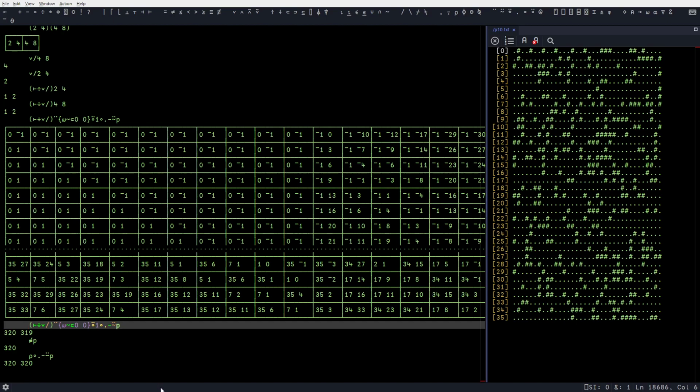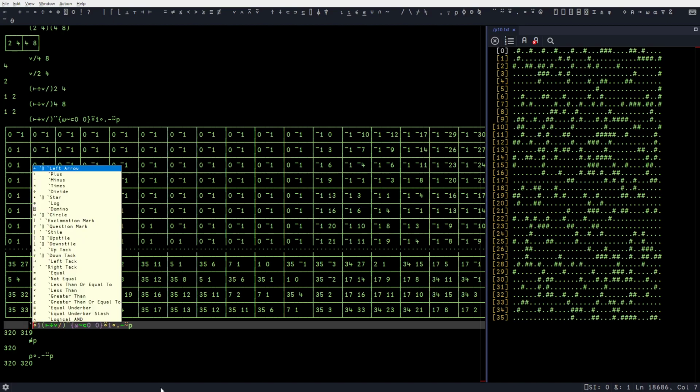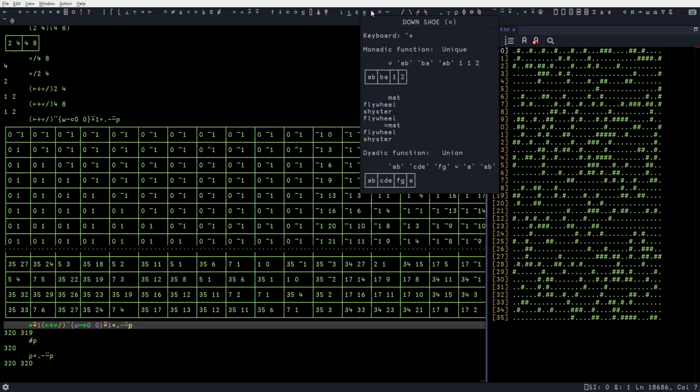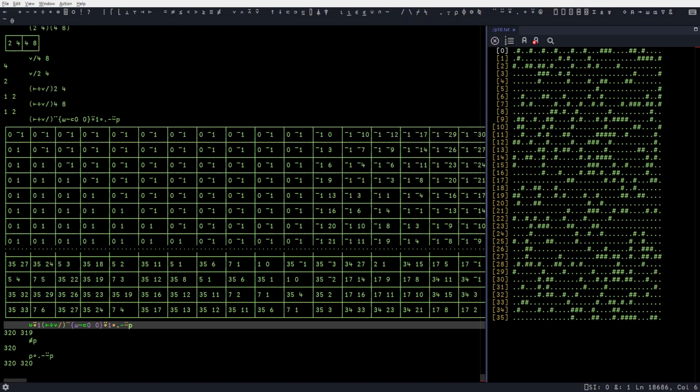So because we're operating on rows again, we'll do rank 1. And then we want unique, right? That's, where is it? This guy. So this will just pull out all the unique elements in the list, and we want the length of that count.